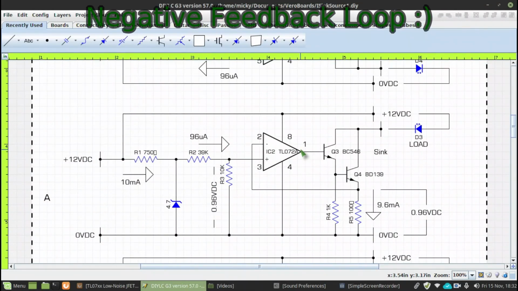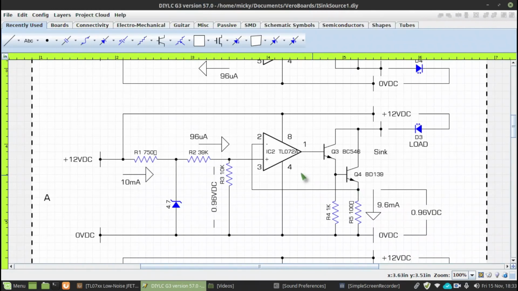So if, let's say, the voltage on R5 went down, then pin 2 would naturally go down. As it's the negative input, the output will therefore go up. If that goes up, the emitter of Q3 will go up, the emitter of Q4 will go up, compensating for the downward movement of the voltage, and it would be held locked.